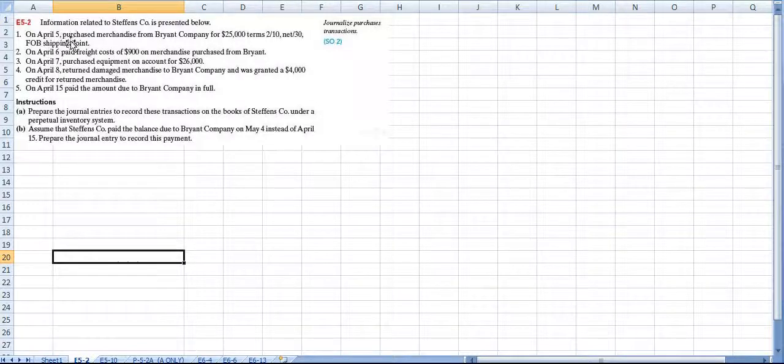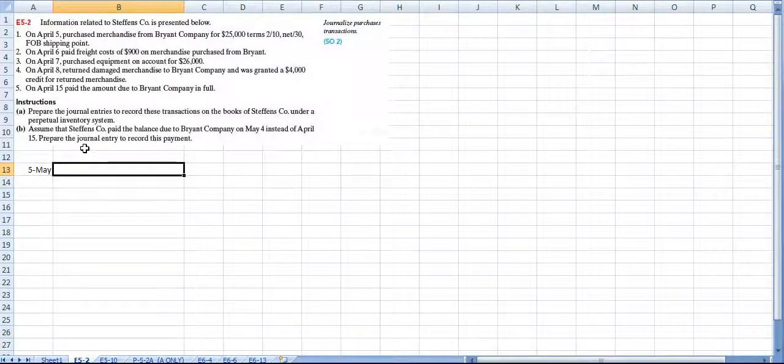On April 5th, Stevens Company purchased merchandise from Bryan Company for $25,000, terms 2/10 net 30, FOB shipping point. So basically right here we're going to have April 5th as the date, and our debit is going to be to merchandise inventory.